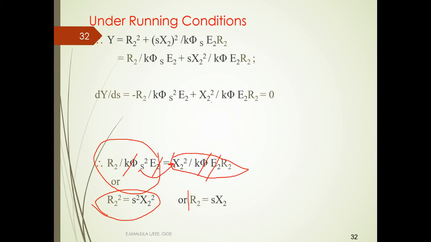So R2 is equal to Sx2. So the condition is that when R2 reaches slip times X2, I mean when the rotor reactance reaches R2, then the torque is maximum.